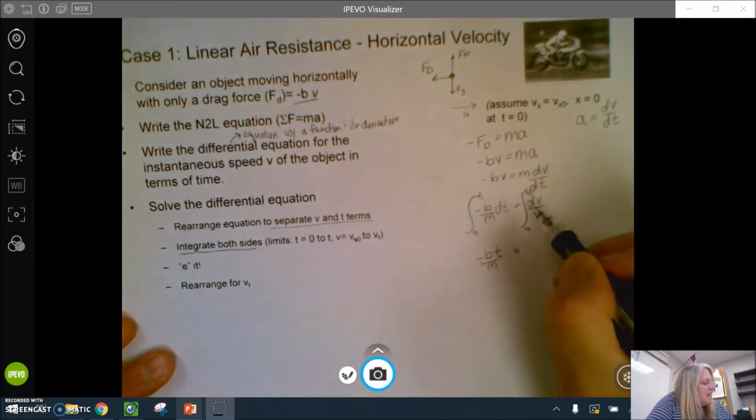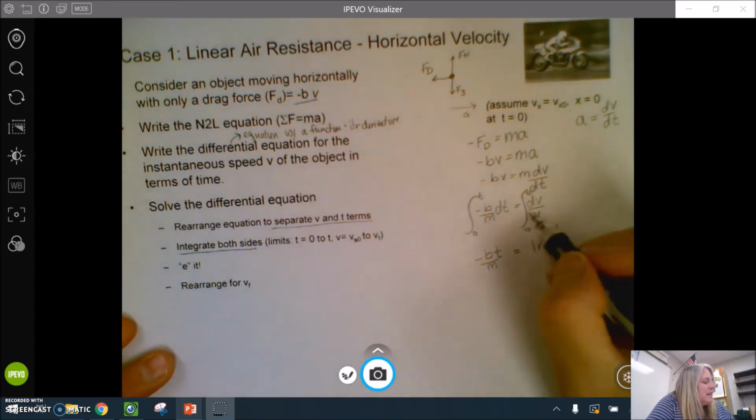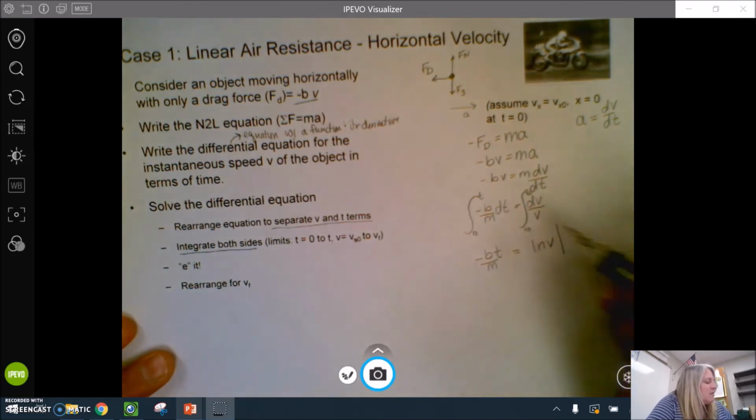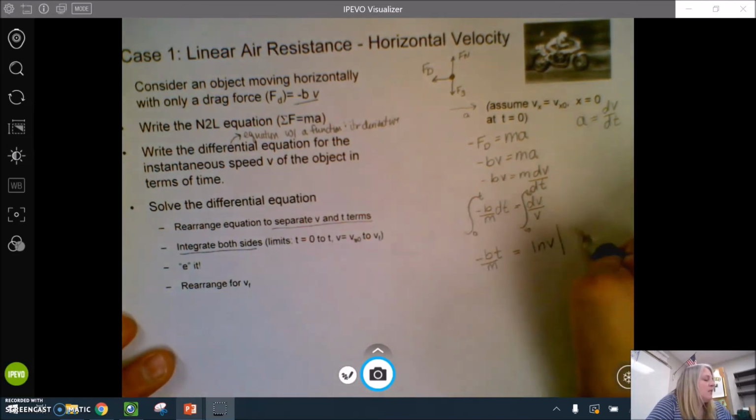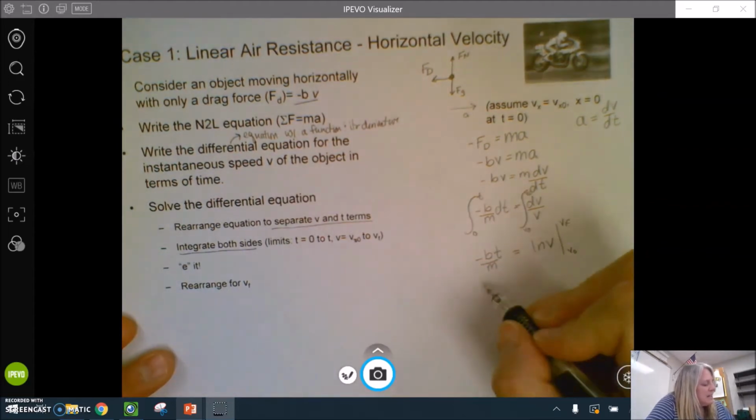On the other side, if I take the integral of dv over v, that's the natural log of v. So that's an integral of dx over x is the natural log of x. So dv over v would be the natural log of v from V0 to V final. All right, so now I gotta do the limits.